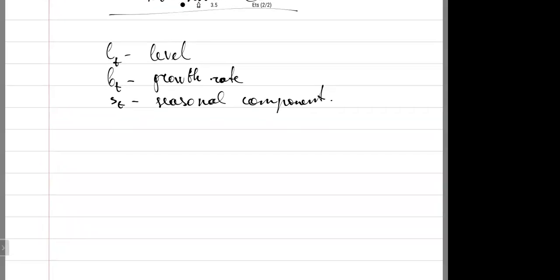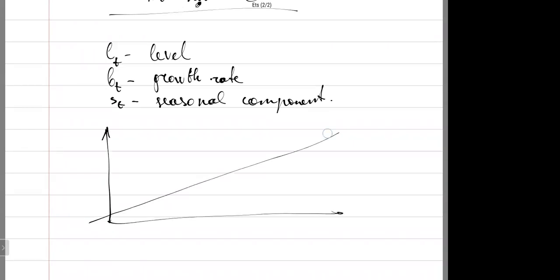Without noise, everything is simple. We just have something that grows up, and sometimes we add, let's say, plus 2, sometimes we subtract 1, plus, minus, minus, plus, and we have a repeated sequence of seasonal effects. Just the trend goes on.